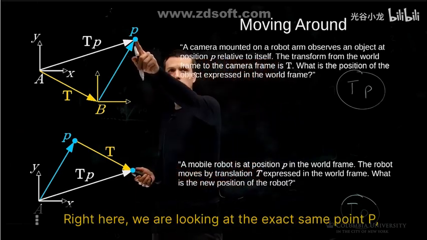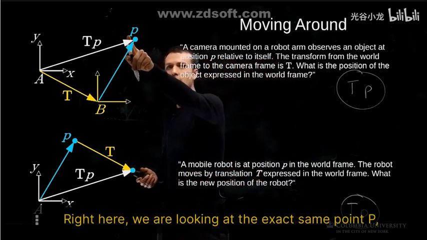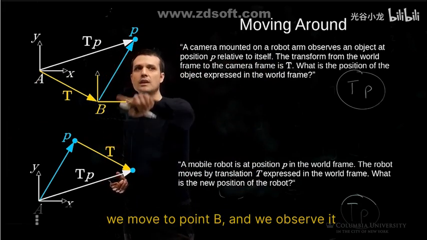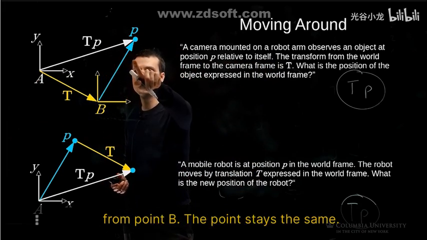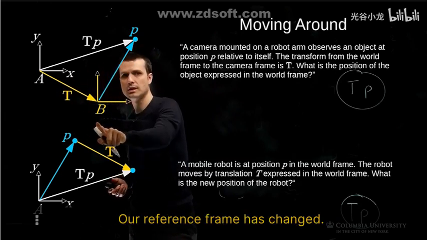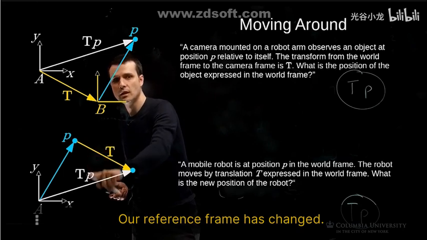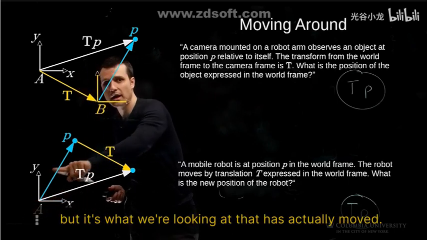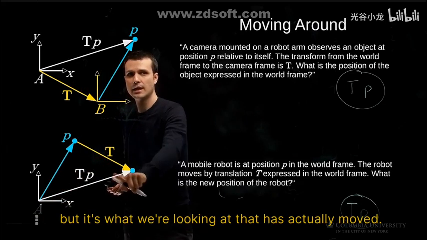Here, we are looking at the exact same point P, but instead of looking at it from point A, we move to point B, and we observe it from point B. The point stays the same. Our reference frame has changed. In this case, our reference frame stays the same, but it's what we're looking at that has actually moved.